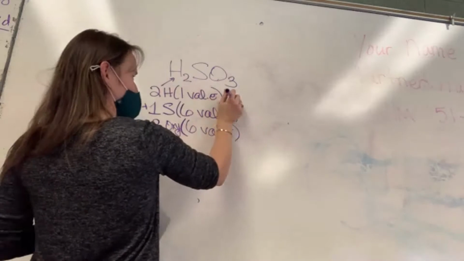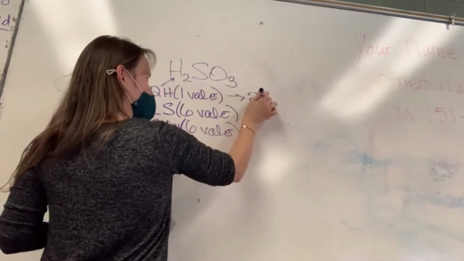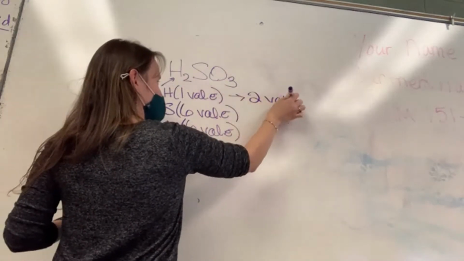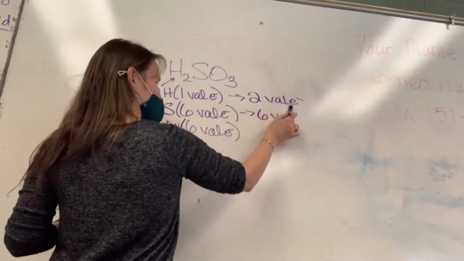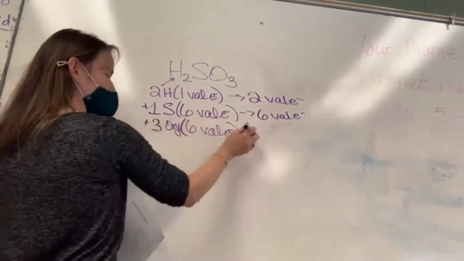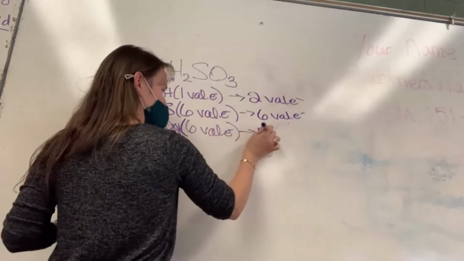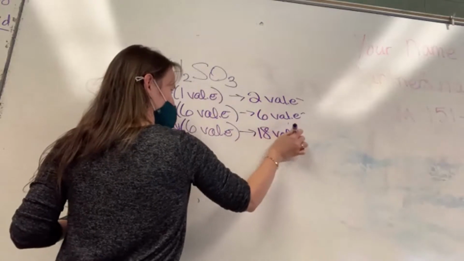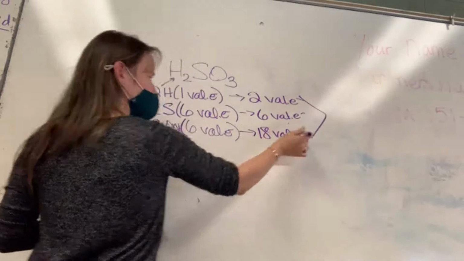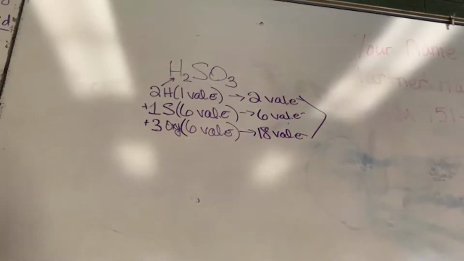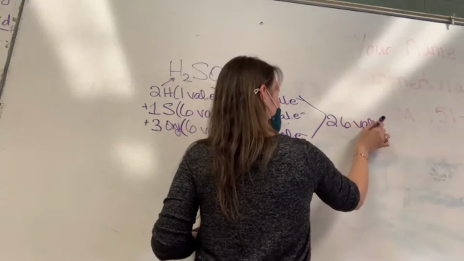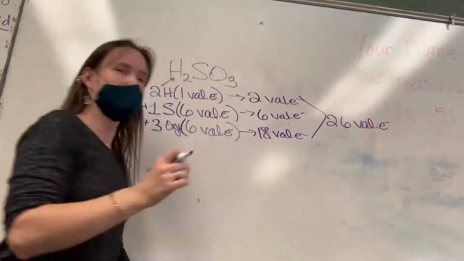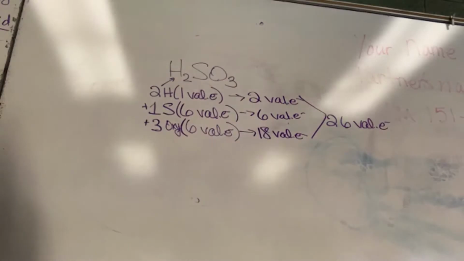Okay, so 2 valence electrons from hydrogen, 6 total from sulfur, and then 3 times 6 would be 18. So total, we have 26 electrons that we can draw. There are 26 total valence electrons, and we're going to draw all of them systematically.